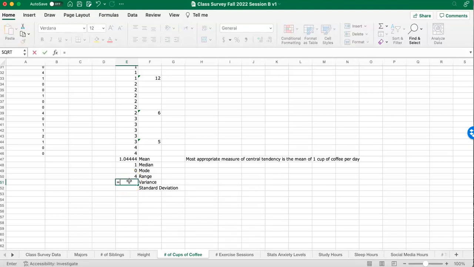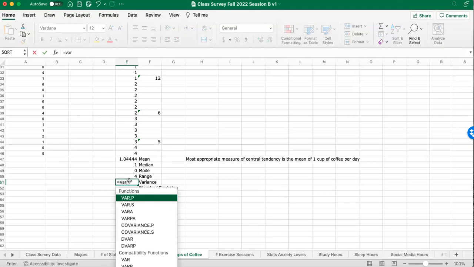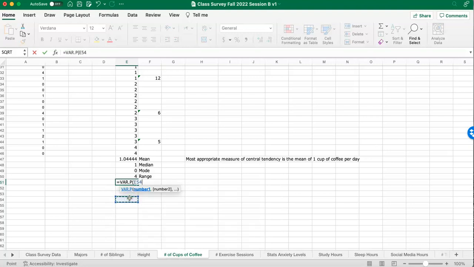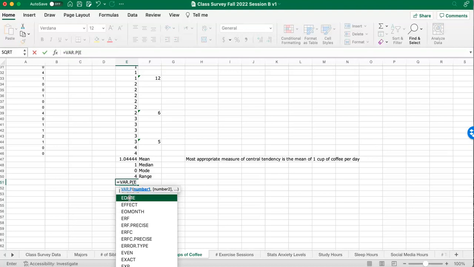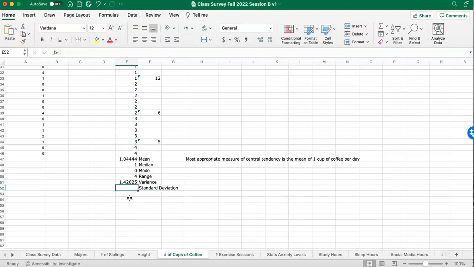Variance equal. We're using the first one. This is the variance for population data, and we consider these to be population data. So we're going to use that as our variance. It's going to be E2 to E46, just like before.